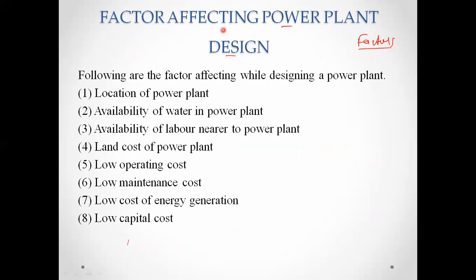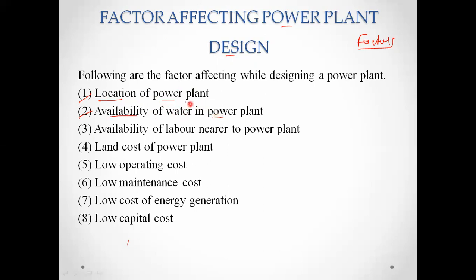Now we will study the factors that affect the power plant design. The first important factor is the location. We have already discussed in hydro power plants, thermal power plants, nuclear, and diesel how the location plays an important role. Then the second is the availability of water in the power plant.